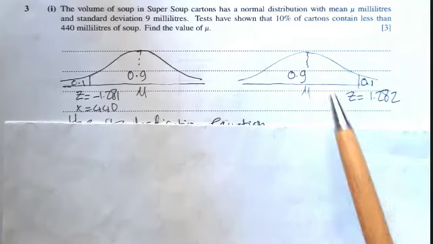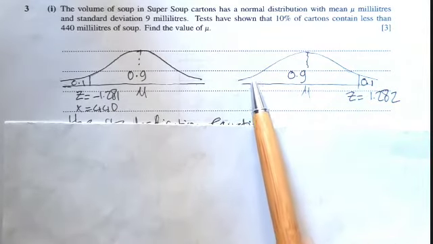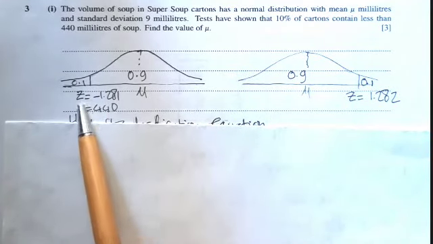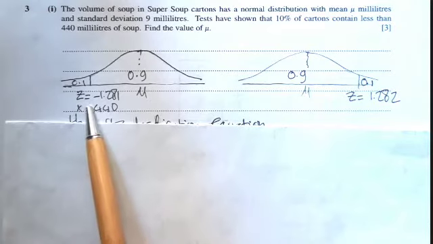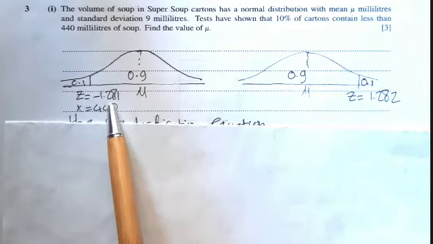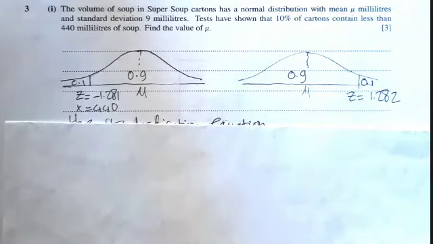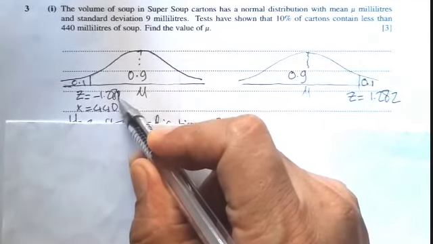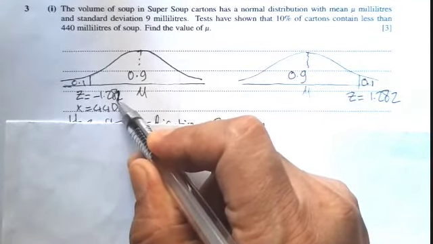Now, by the symmetric property, the area here is 0.1 and here is 0.9, thus the Z here is minus 1.282.